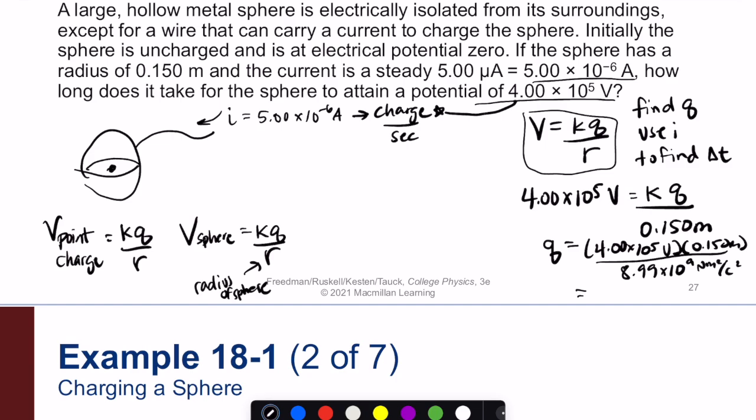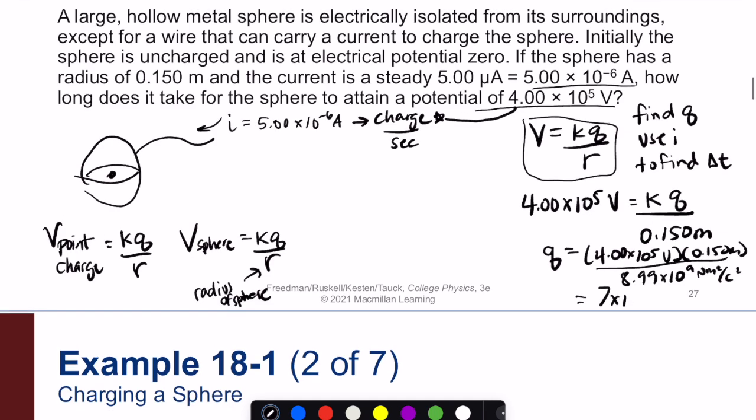The charge comes out to be 7 times 10 to the minus 6 coulombs. That's how much charge is required to create a potential of 4 times 10 to the 5 volts on the surface of that sphere.